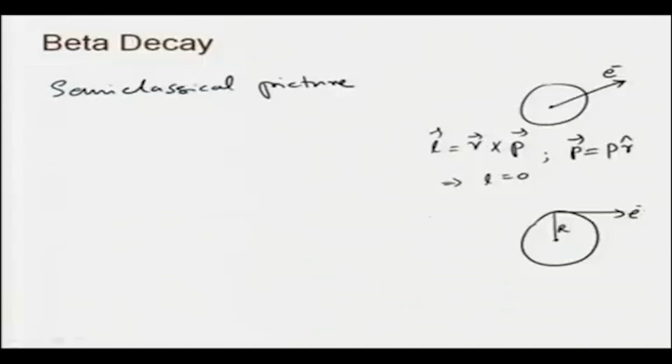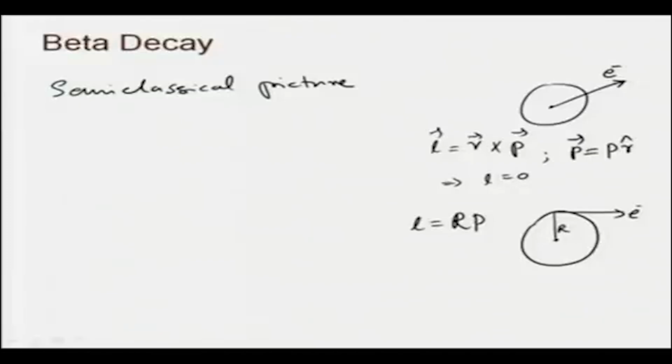So, in that case L is basically R, now capital R, the size of the nucleus, times P, the momentum of this. That is the maximum kind of possibility.